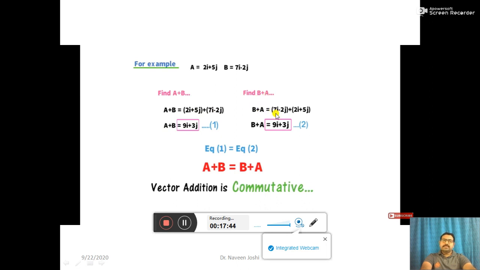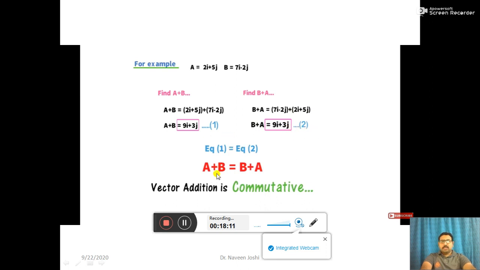Vector B is 7i minus 2j plus vector A is 2i plus 5j. Add ith components: 7i plus 2i gives 9i. Then minus 2j plus 5j gives plus 3j. So this is vector addition B plus A; take it as equation 2.